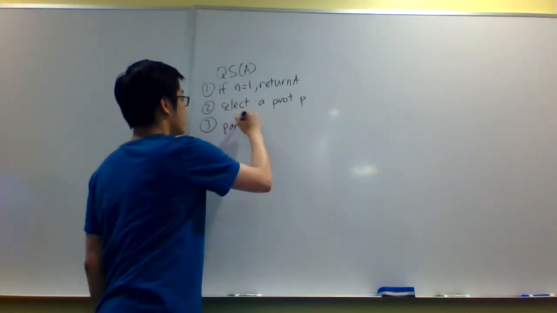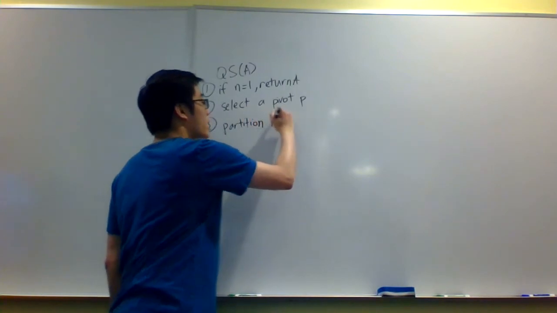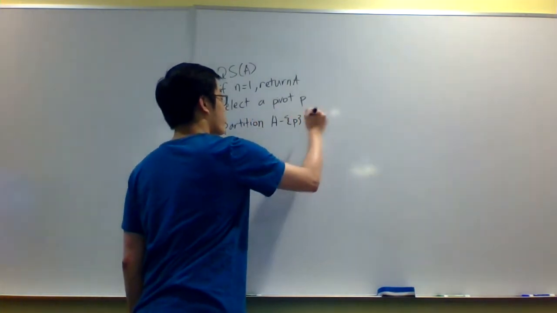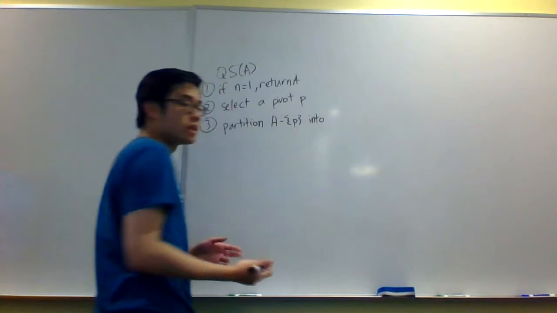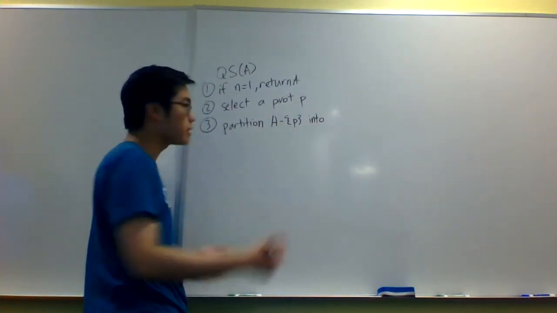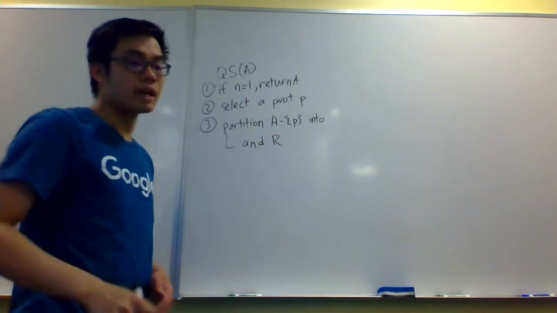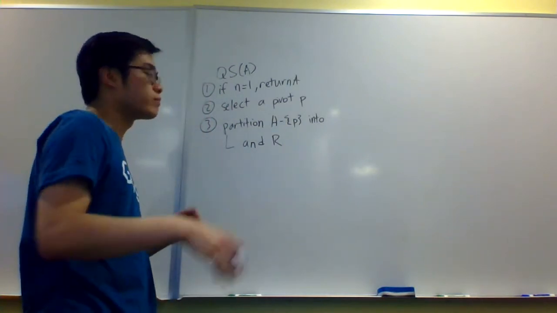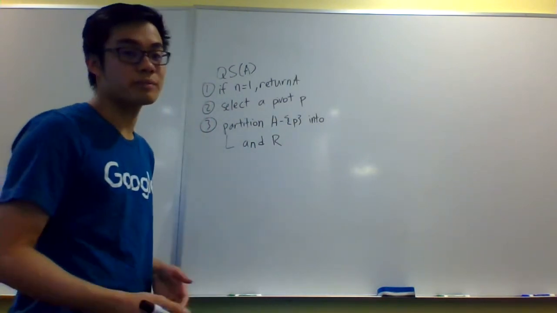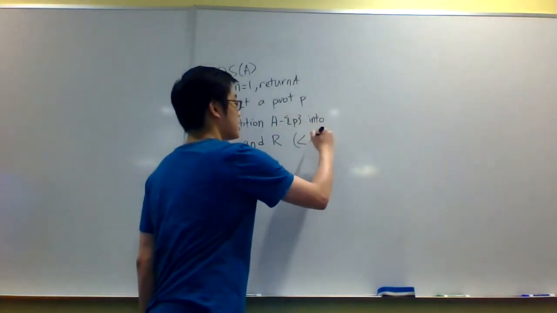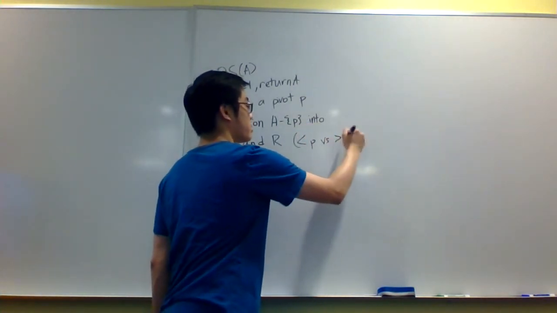So partition A without P into, and we'll call it L and R for left and right. And it depends on whether they're less than or greater than P, right? So I'll just write less than P versus greater than P.